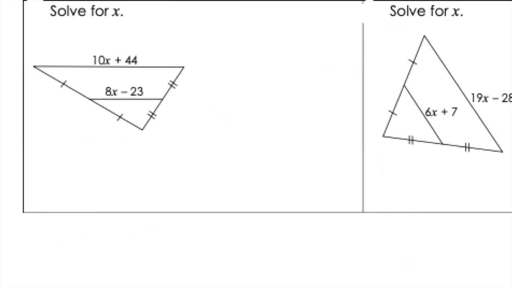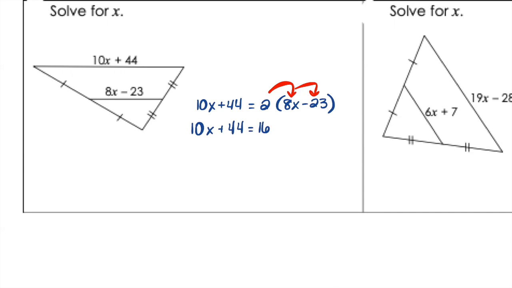All right, so we've got 10x plus 44 equals 2 times 8x minus 23. We want to distribute our 2. So 10x plus 44 equals 16x minus 46. Is that right? Yeah? I hope so. Sometimes I goof it up.